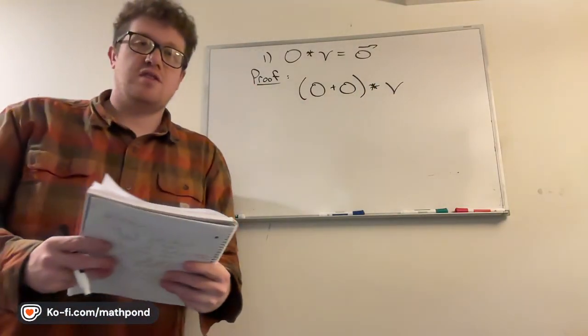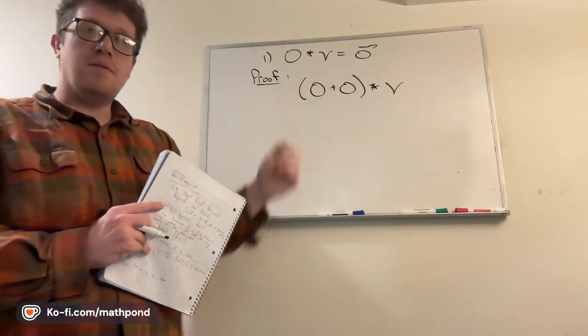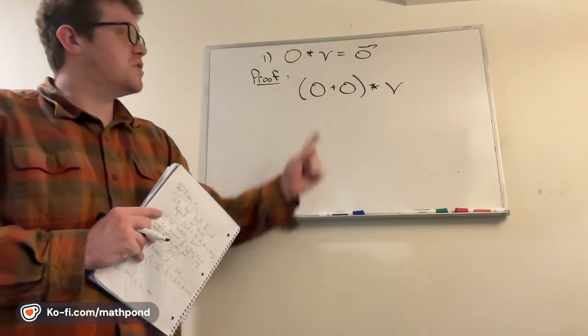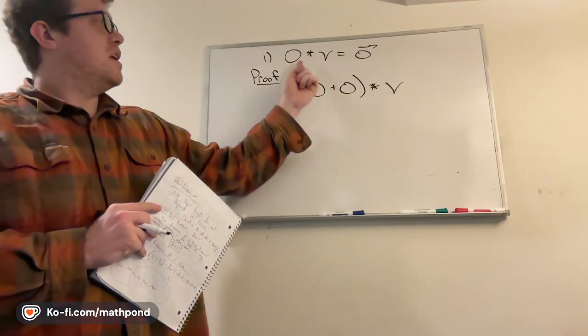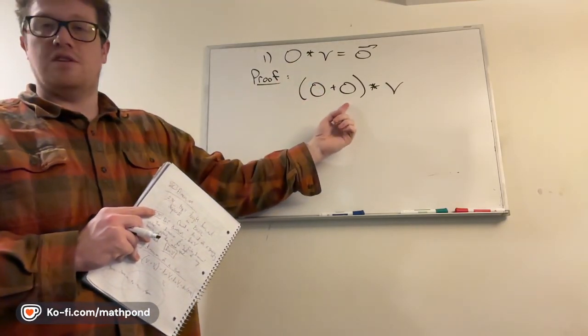Right, because in a field, if you add 0 to any element, you get itself. So in particular, it still works with 0. So 0 plus 0 is 0. Since I put parentheses, this is literally just the same thing, because 0 plus 0 is 0.